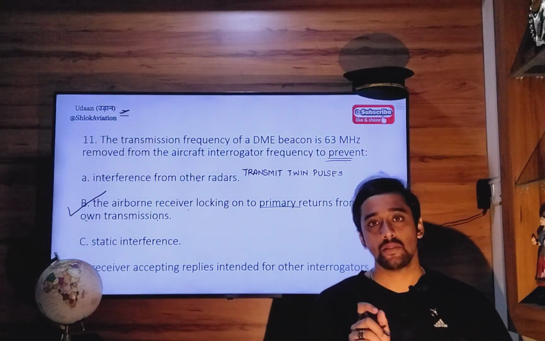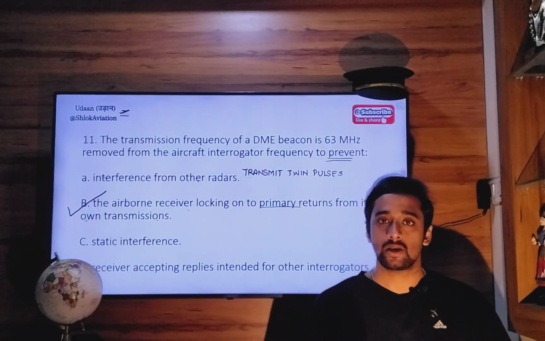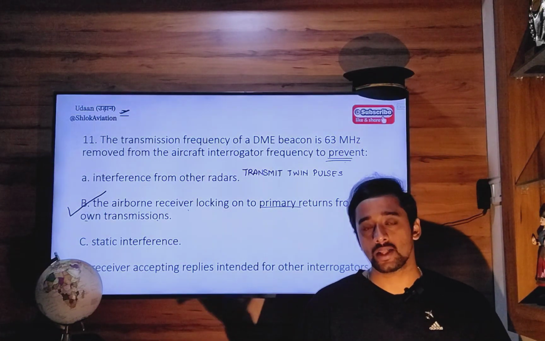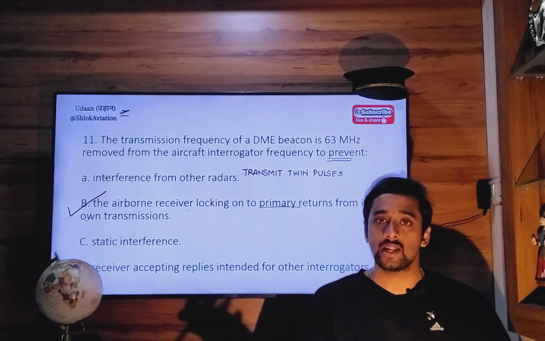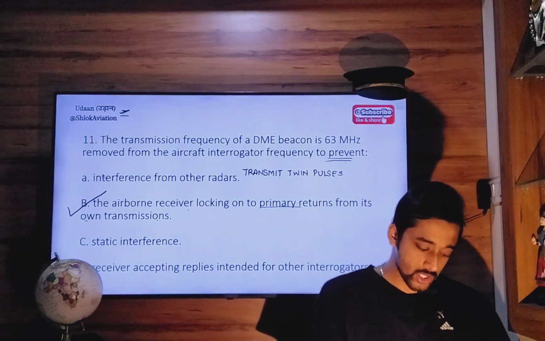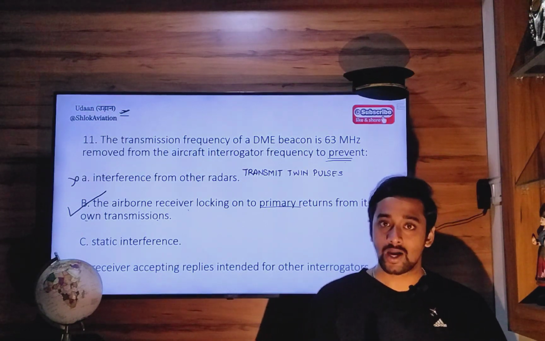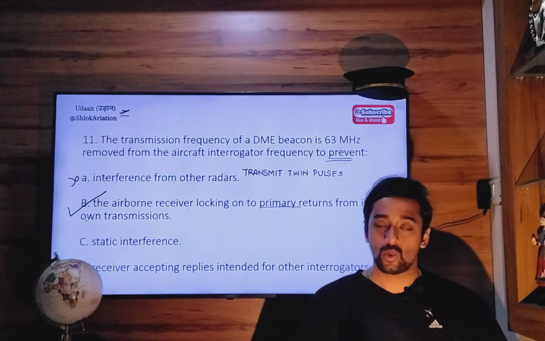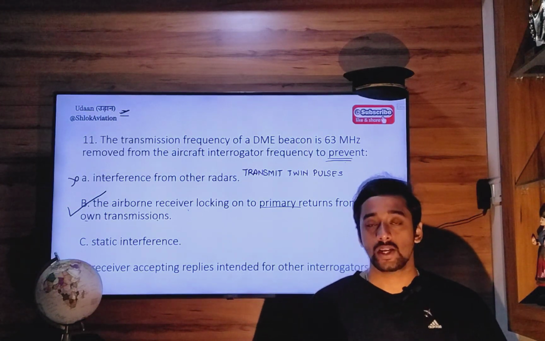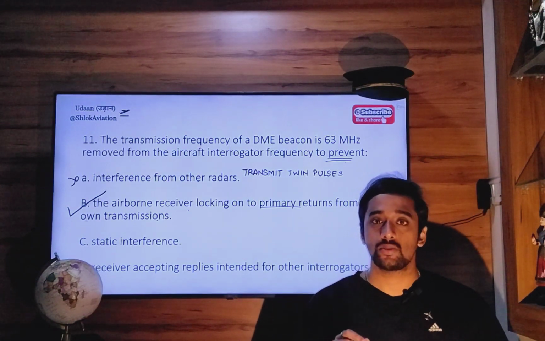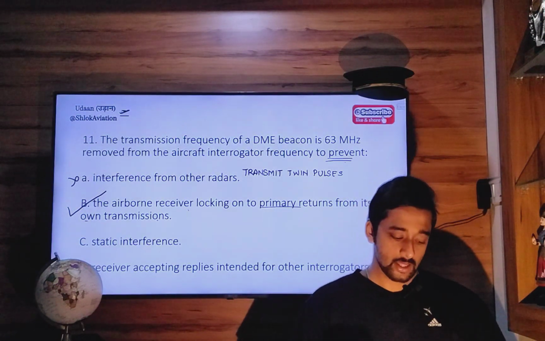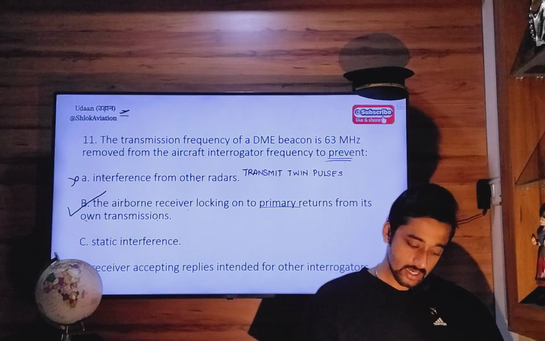This enables the DME receiver to differentiate between its own twin pulses and any other pulses originating from any other secondary radar like secondary surveillance radar. So option A will be the wrong answer to this particular question, but this will be the right answer if the question asks how the DME receiver differentiates between its own pulses and pulses belonging to other secondary radar.